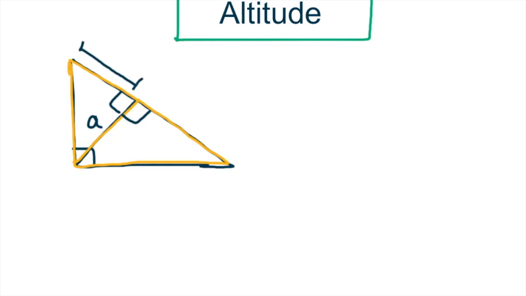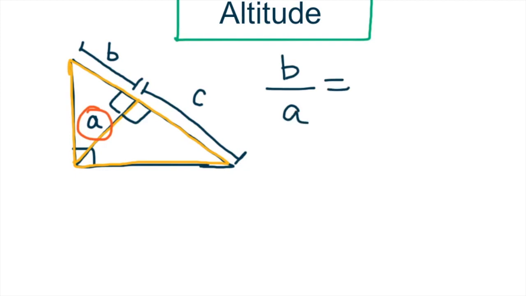Let's label that one B, and let's label the length of this leg C. So the proportion says that A, the altitude, is the geometric mean of B and C. That's the language. Here's the proportion: B is to A as A is to C.